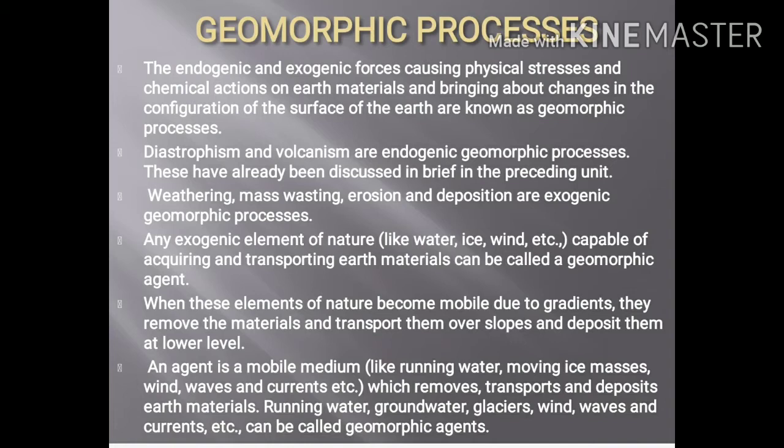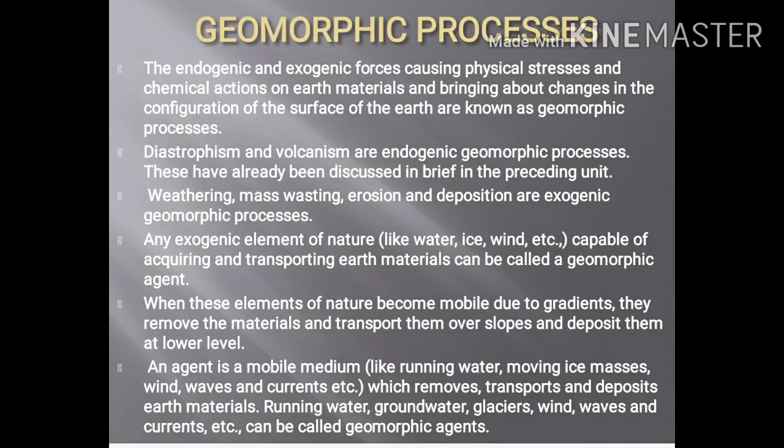Any exogenic element of nature like water, ice, wind, etc., capable of acquiring and transporting earth material can be called a geomorphic agent. When these elements of nature become mobile due to the gradients, they remove the materials and transport them over slopes and deposit them at a lower level.